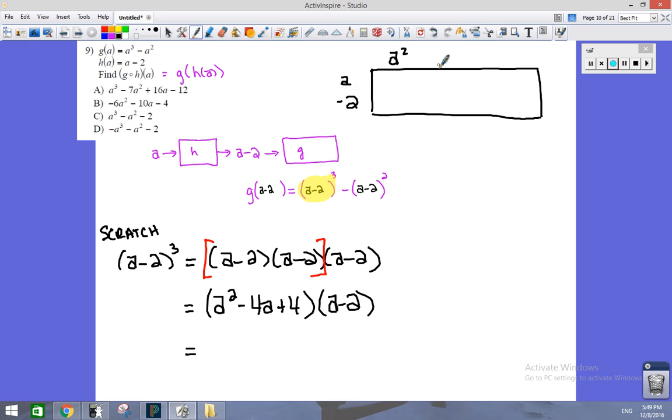So I like the table because it helps me be organized as I apply the distributive property. Because this a, every term in this trinomial gets multiplied by a. That's what this top row is going to do for me. A cubed minus 4a squared plus 4a.